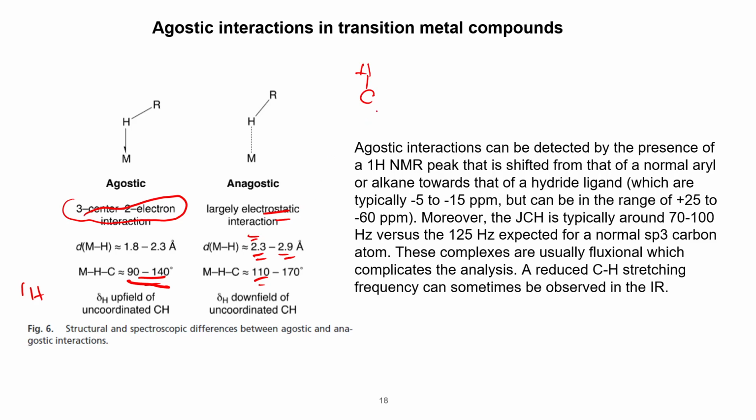If you have an agostic effect, it will be in the upfield region, meaning minus 5 to minus 50 ppm, in this particular range.